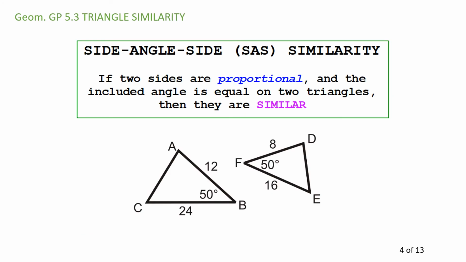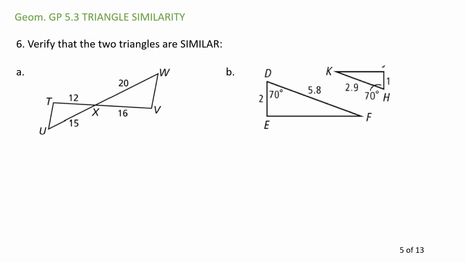And another one, side-angle-side. If I have an angle that is congruent and pairs of sides that are proportional, not congruent, but proportional, then I could have side-angle-side similarity, making sure that you distinguish it from congruence. So if you look at this one, I know I've got these angles the same.